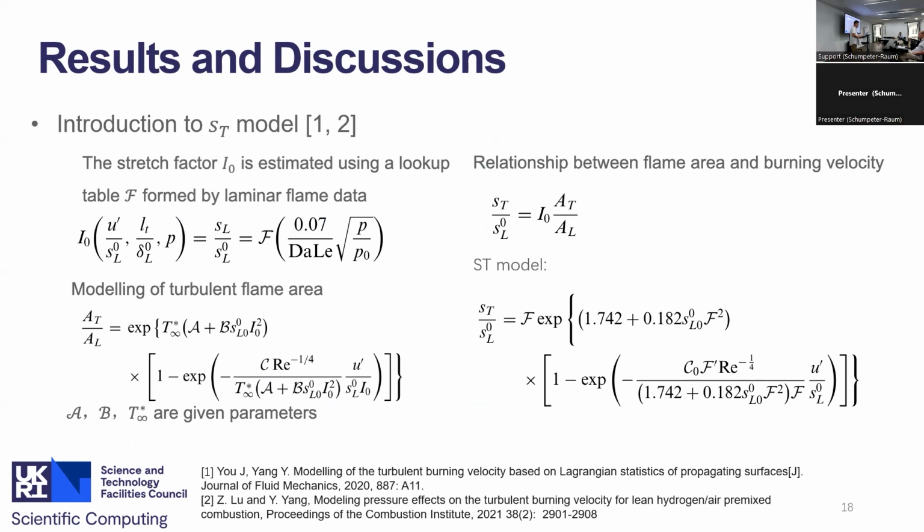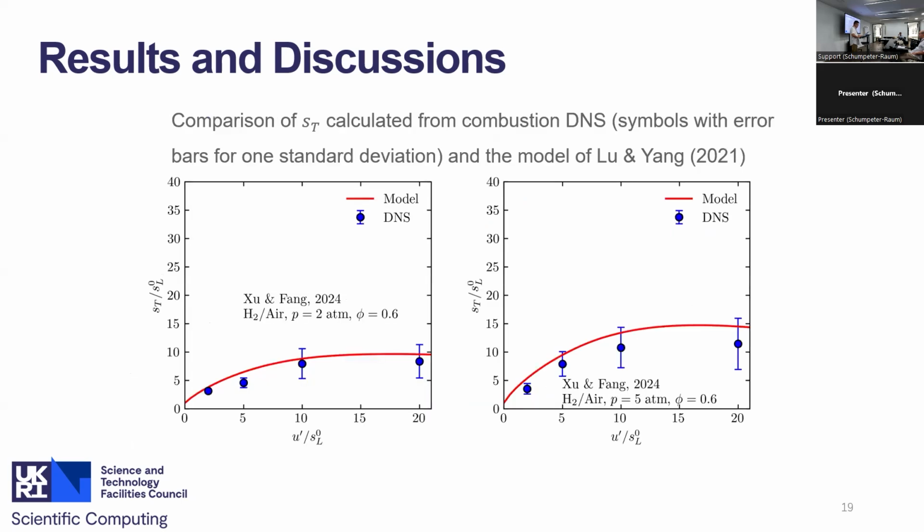I0 is the strength factor, using a table for the laminar flame data. The turbulent flame area is related to the turbulent intensity here. So they have this ST model, and we compare our results to their model. With the increase of the velocity fluctuations, the turbulent burning velocity increases and then becomes flat.